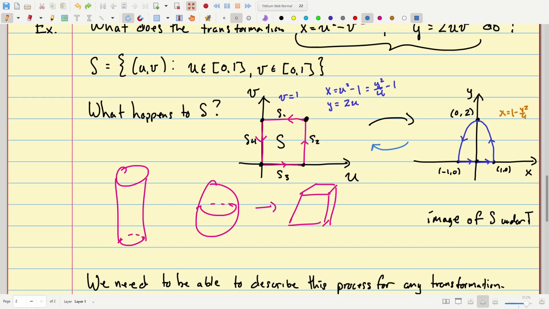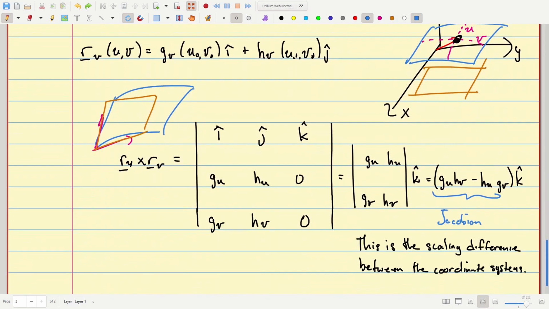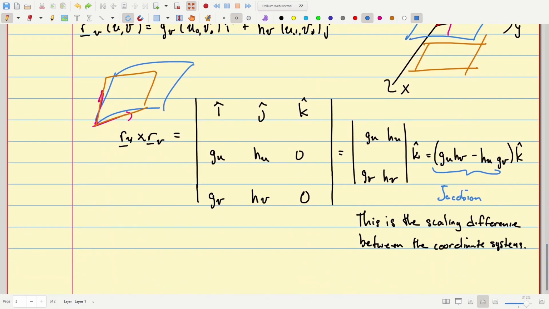Okay? And so it turns out that it happens whenever we change coordinates and will be a component of any coordinate switch we make. Okay?